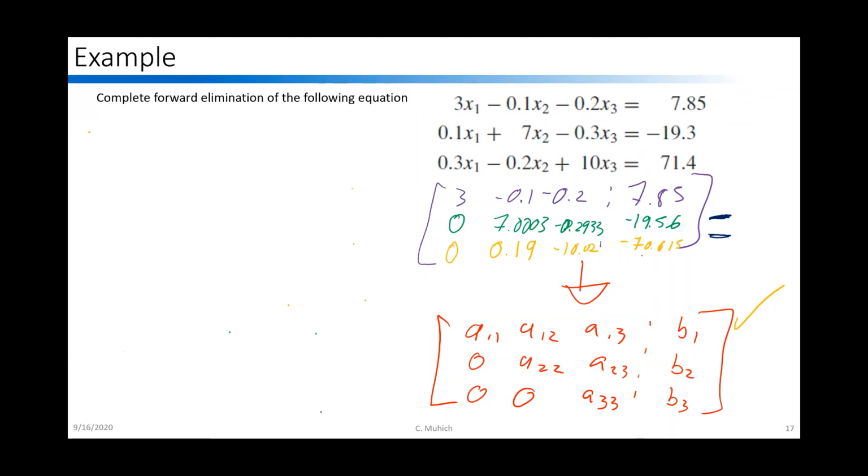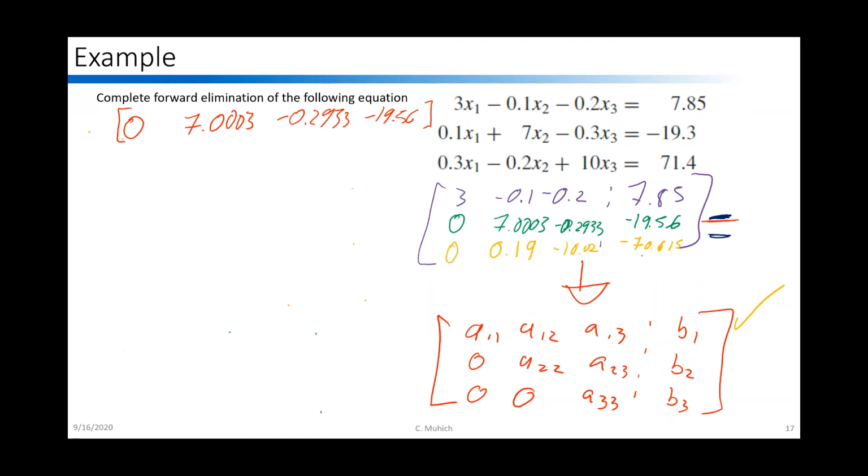Once again, we're going to start by, maybe I'll switch to red, writing out that second column. That's what we're going to subtract off, or modify things by. So you have 7.0003, negative 0.2933, and negative 19.56.